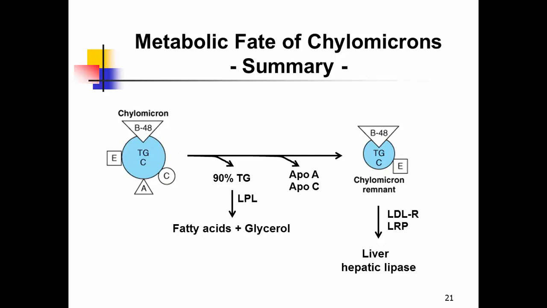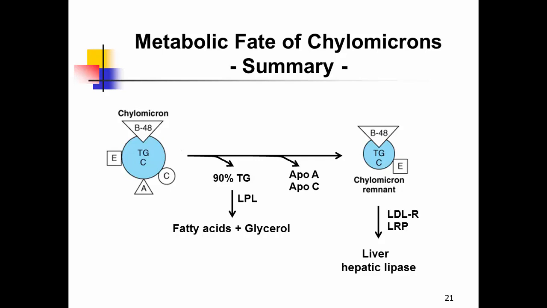the chylomicron loses the ApoA and ApoC, and eventually becomes the chylomicron remnant, and the chylomicron remnant is eventually taken up by the liver, right? And the liver actually has a different lipase that hydrolyzes triglyceride once it's picked up from the chylomicron remnant, which is hepatic lipase, right?